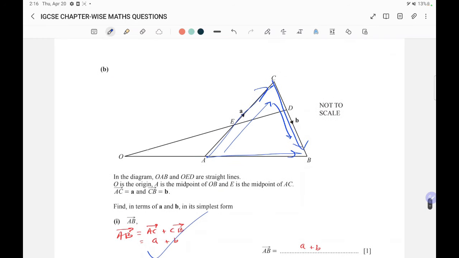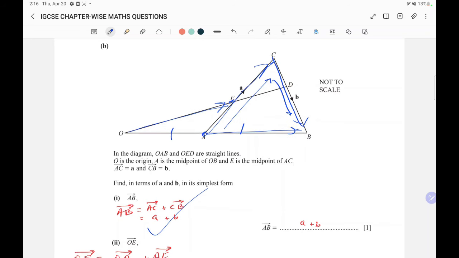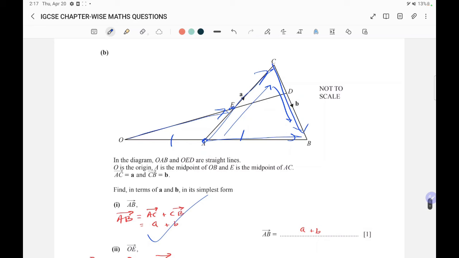Now OE vector we need to find, but I have to check the question. A is the midpoint of OB, and E is the midpoint of AC. Okay, great. So this is my midpoint and this is my midpoint.